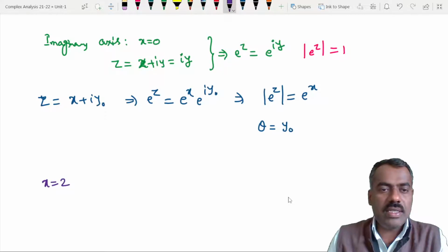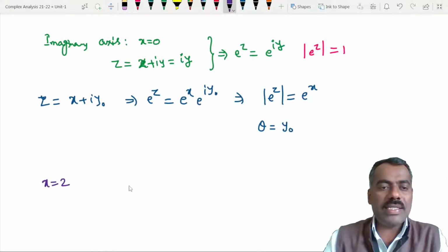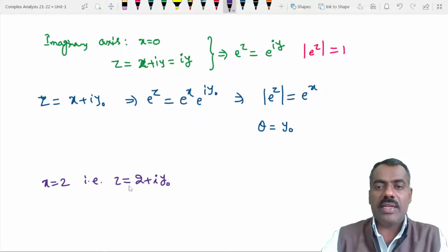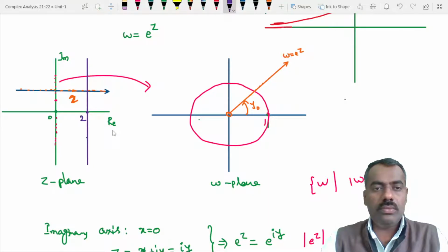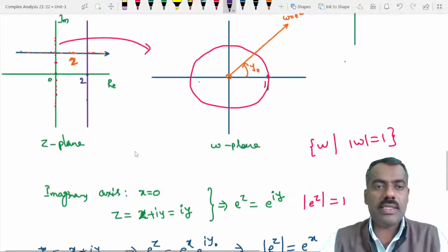This line means if you take any point z, so x is 2, that is same as saying that z is 2 plus i times y. Sorry, here it is not y naught, it is y, because we are varying y, y is any point on this line.